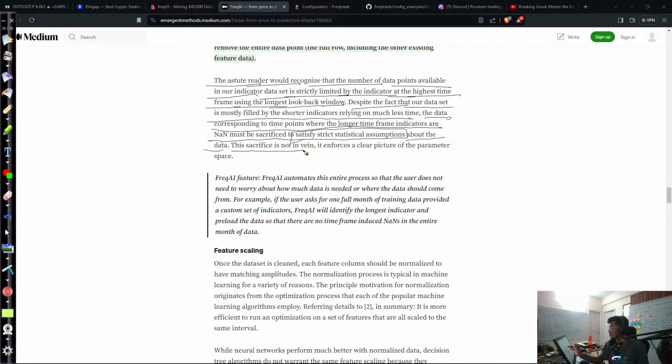This sacrifice is not in vain. They're really getting into fantasy. It enforces a clear picture of the parameter space. Yep, it does.